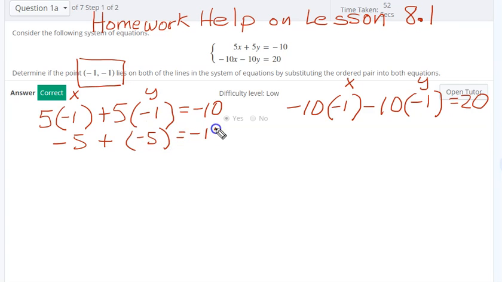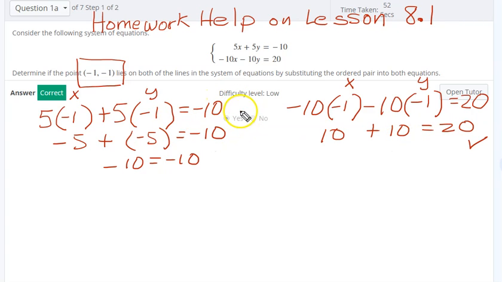Does that equal -10? Well, yes, -10 equals -10. And this is going to be a +10. And this is a +10. Does that equal 20? And that does. So this is a yes.